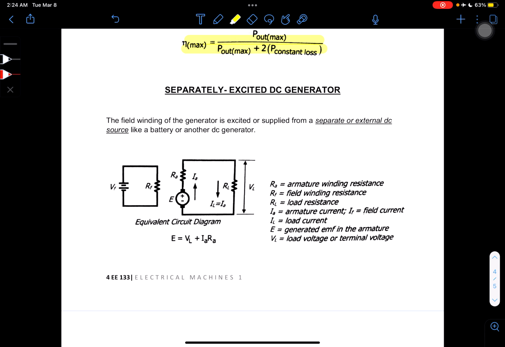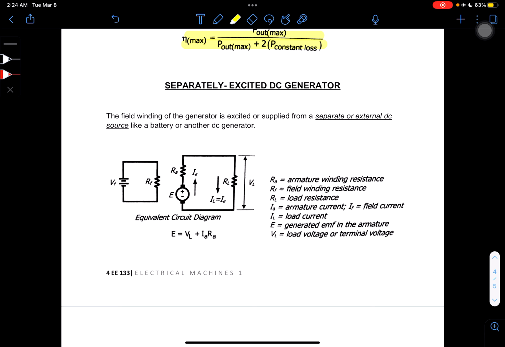So, for our last topic for module number 3, we have the separately excited DC generator. This topic is used in the board exam. Mostly, it comes out in electrical engineering, so please take note of the formula. The field winding of the generator is excited or supplied from a separate or external DC source, like a battery or another DC generator.